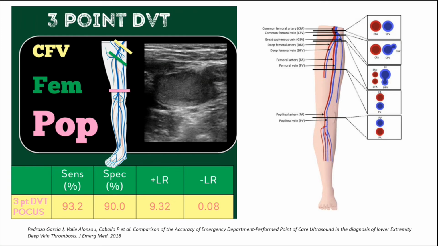The accuracy of 3-point ultrasound carried out by the emergency physician was assessed by comparison with the Doppler ultrasound carried out by the radiology department as the reference standard. Studies show the 3-point DVT has very good sensitivity and specificity in diagnosing DVT when compared to the whole leg scan. So today I'm going to talk about the 3-point lower extremity ultrasound for DVT.